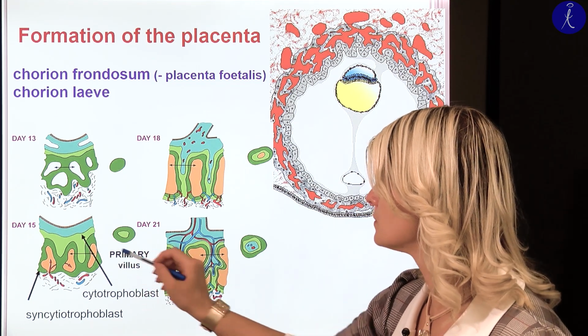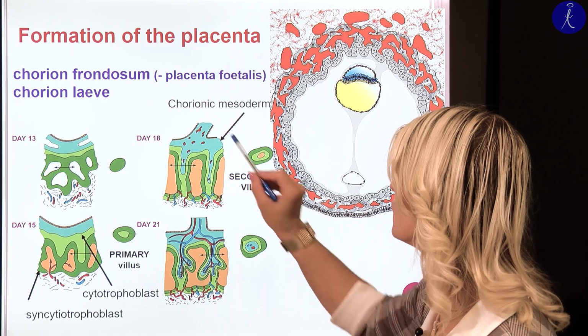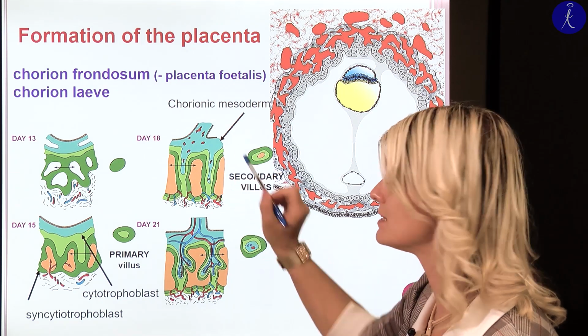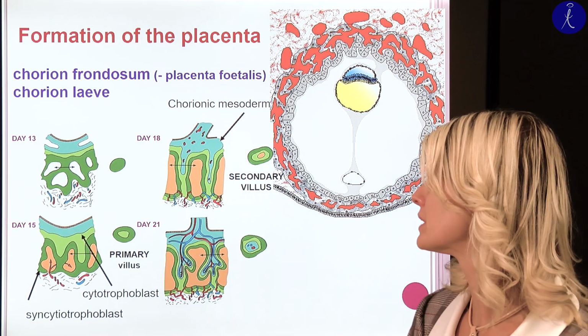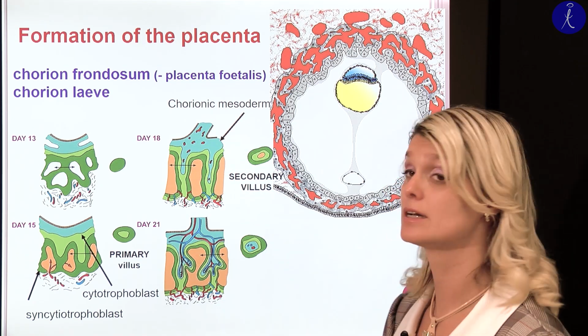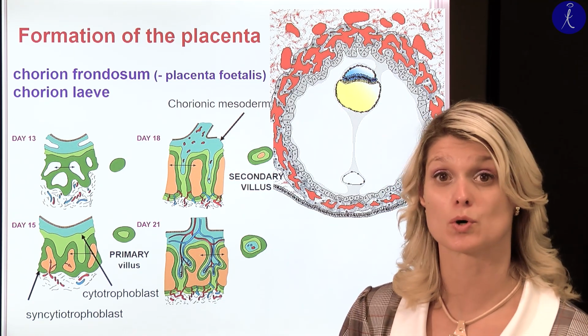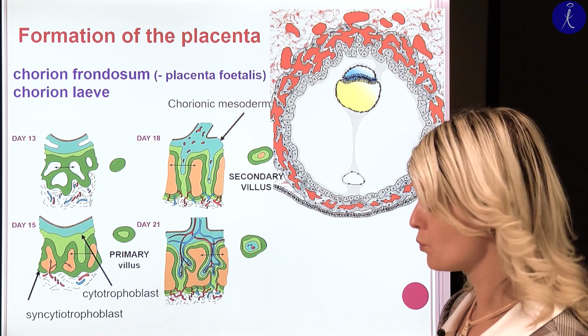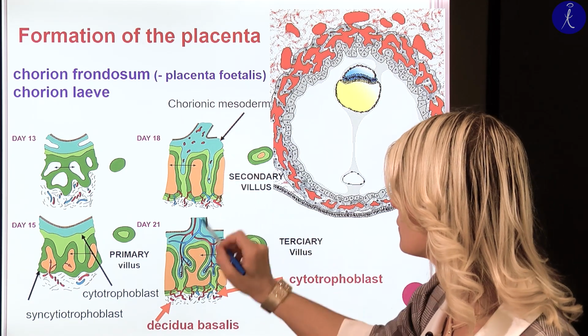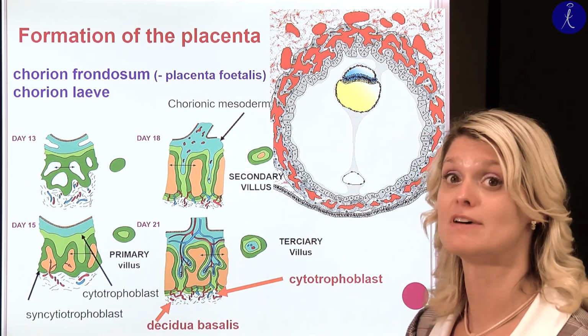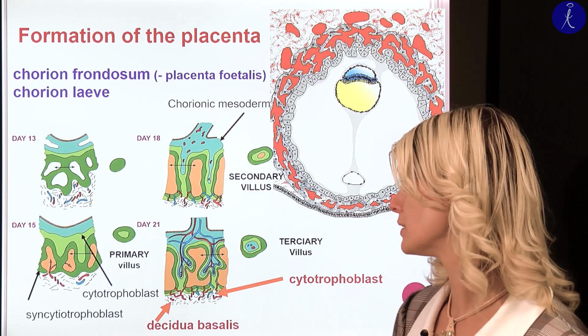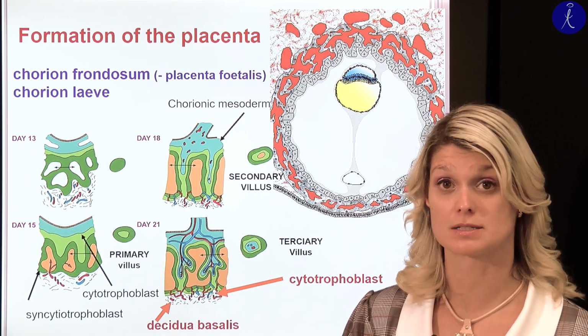After that, embryonic chorionic mesoderm and embryonic connective tissue will penetrate into these primary villi, and within this layer the vessels of the embryo, the umbilical vessels, will develop.